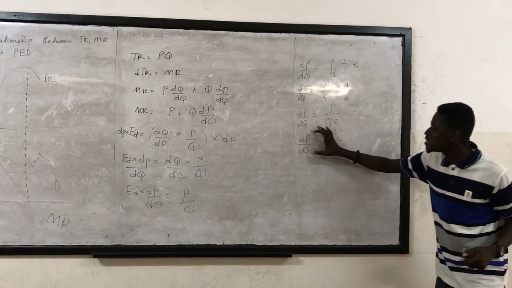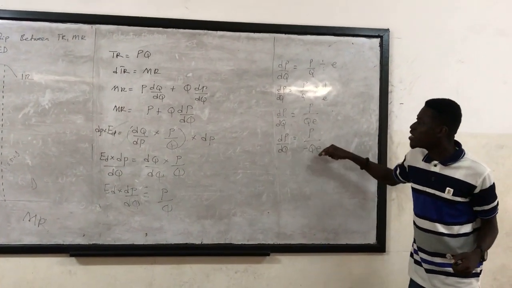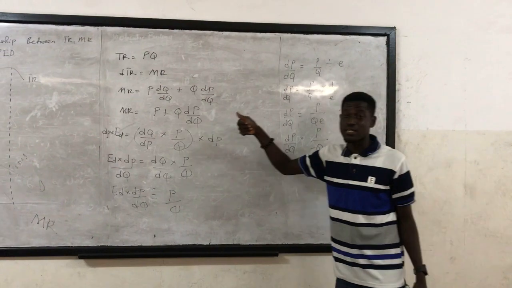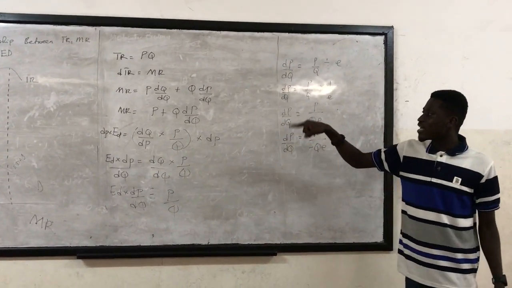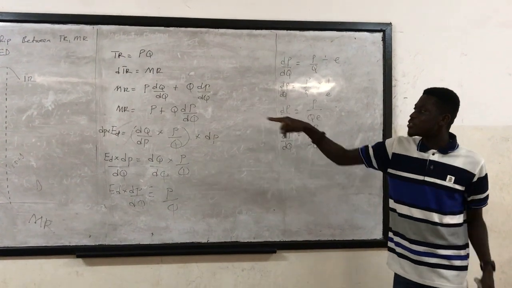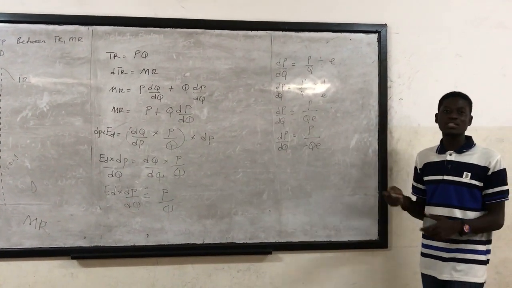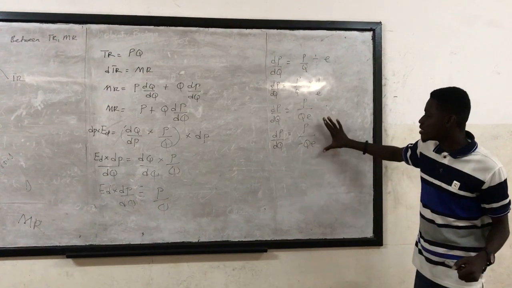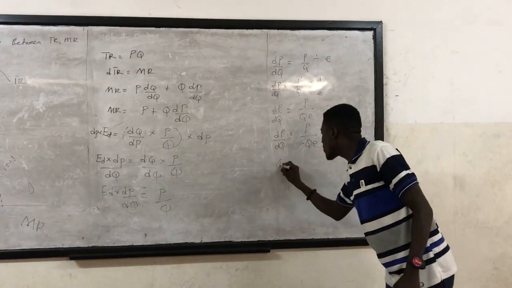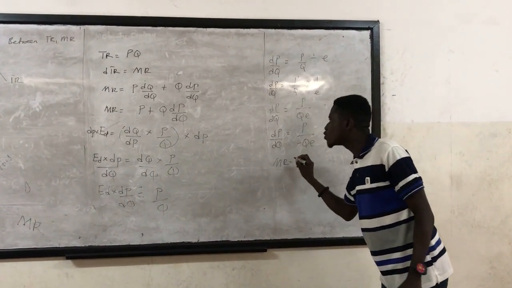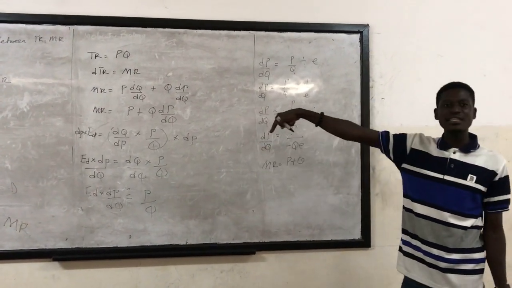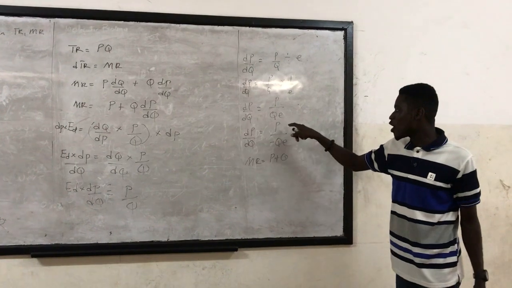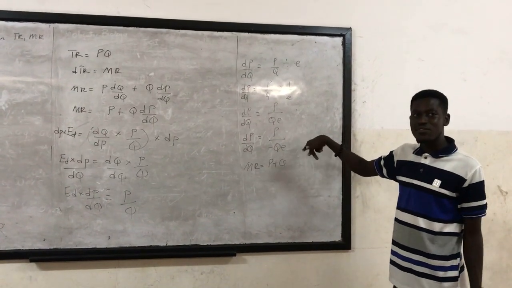So now we are going to put this dP over dQ into the marginal revenue function. So the marginal revenue function was MR is equal to P plus Q dP over dQ. Now the dP over dQ is this. So we can say that the marginal revenue function is now equal to P plus Q multiplying dP over dQ. What is dP over dQ? It is now price over negative Qe.